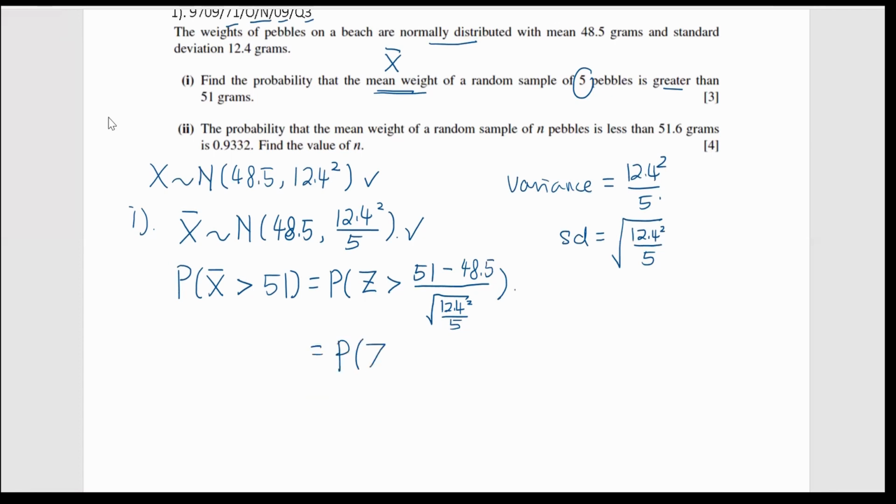Now try to find out the value of this z-score. Keep to 3 decimal places. Four squared divided by 5, square root it, and taking 51 minus 48.5 divided by this value.